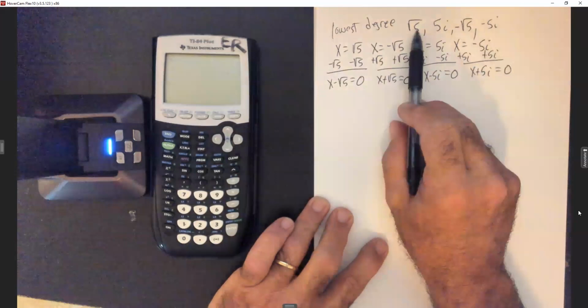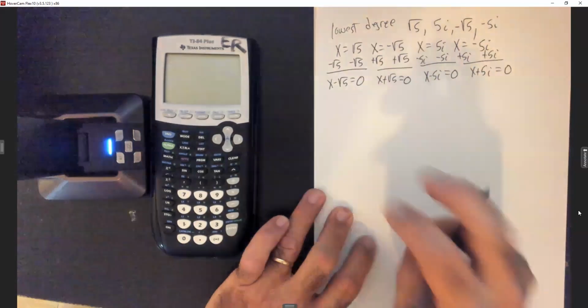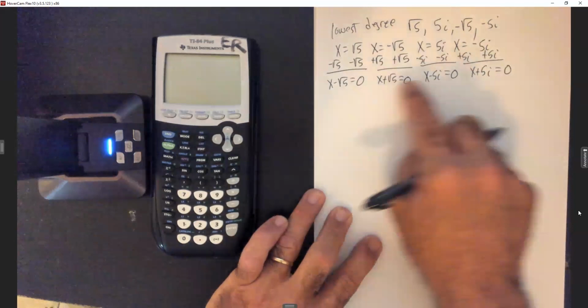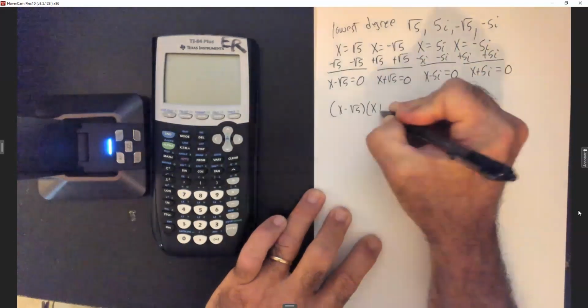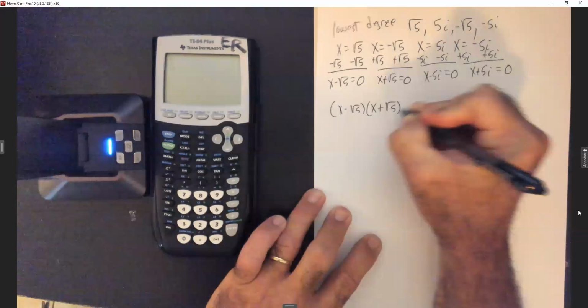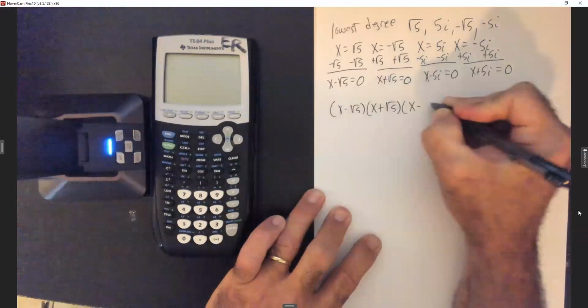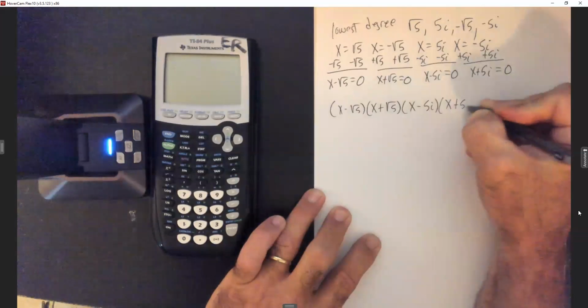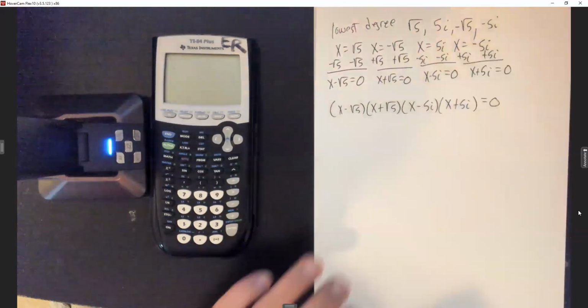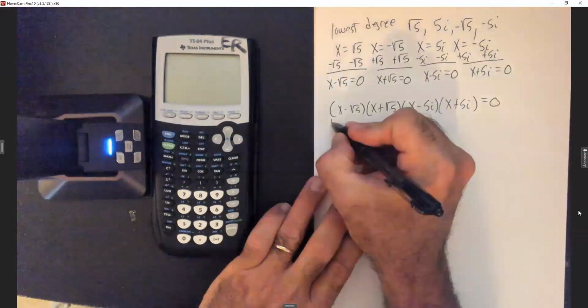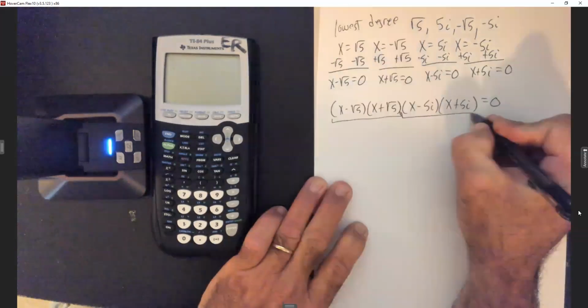All right, so now I got them how I want them, so I'm going to have 4 sets of parentheses with my factors. Now, when I FOIL, I will FOIL these two together and these two together.